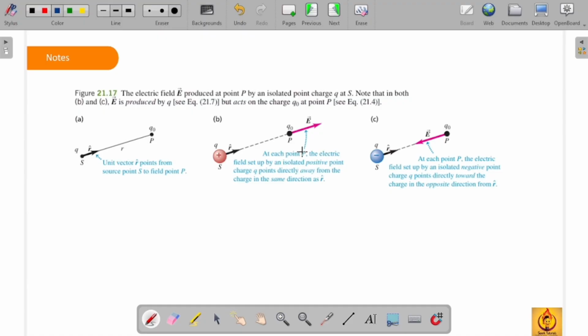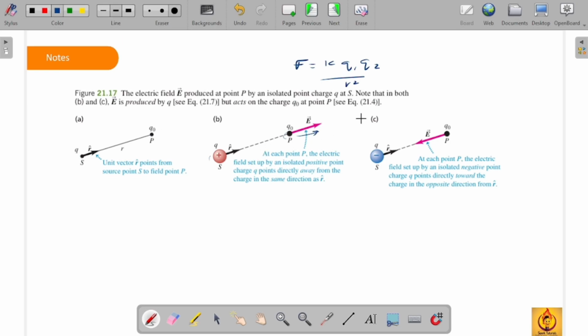If we were referring to the force, Q1 Q2 over R squared, remember the force of the positive charge on this one would be repelling it away.